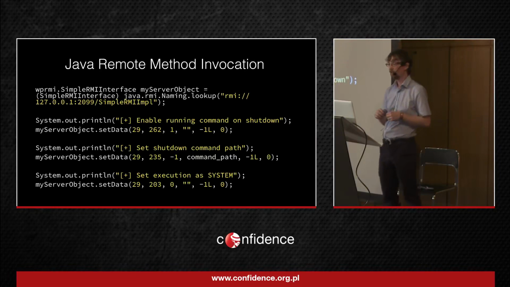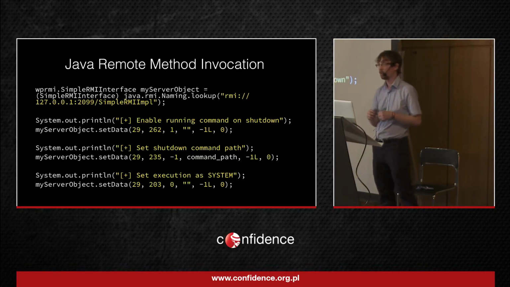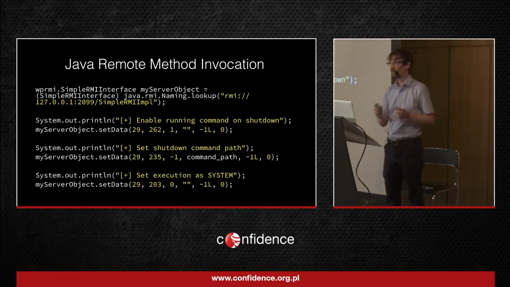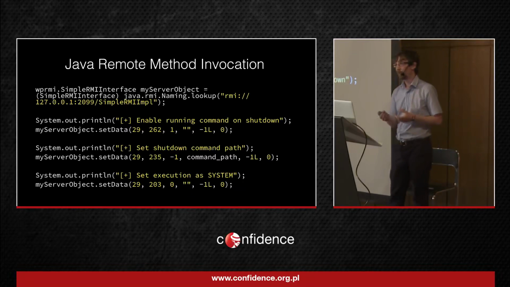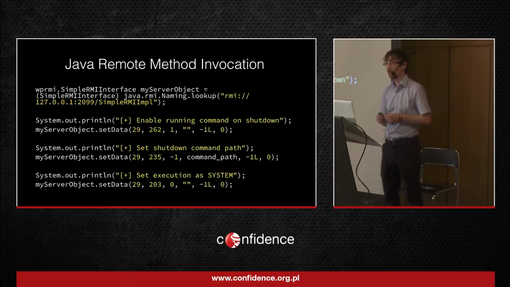They were using the simple Java remote method invocation protocol. And as you can see here, it simply sends some data to the service, and there is no authorization here. So I don't need to log into the graphical interface. I can modify those settings using my Python.